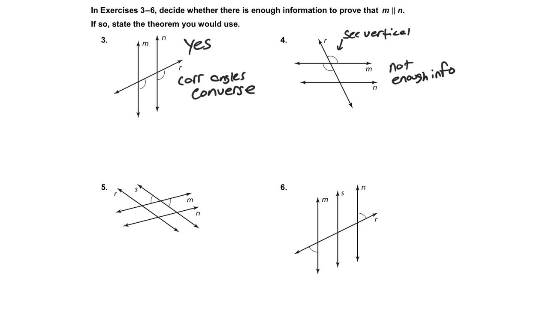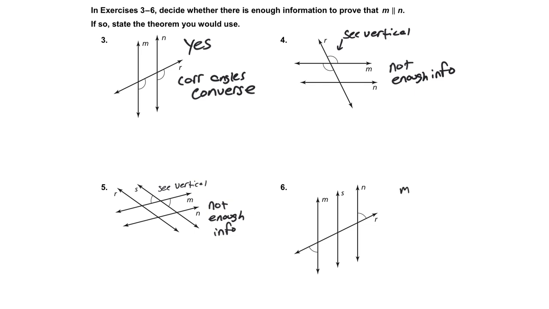Now, when I look at 5, I see vertical angles again, but vertical angles don't help me right now. It just tells me about this one intersection. So I'm going to say not enough information for number 5.